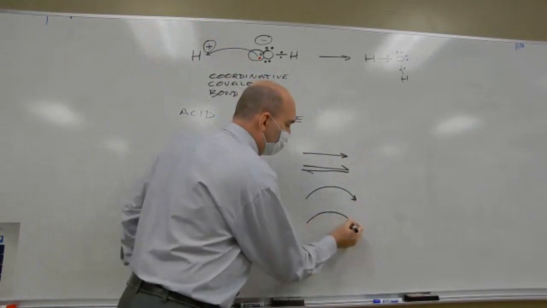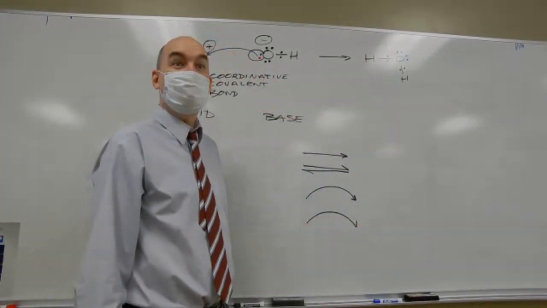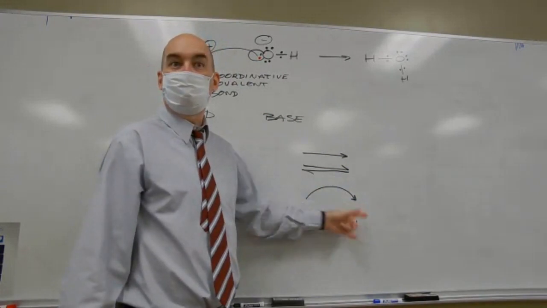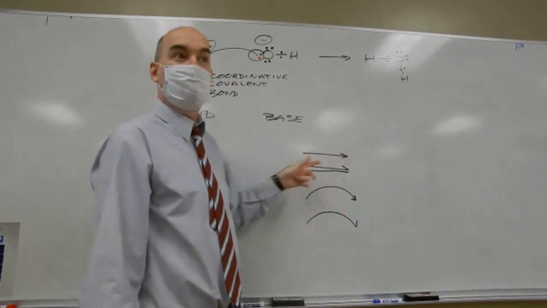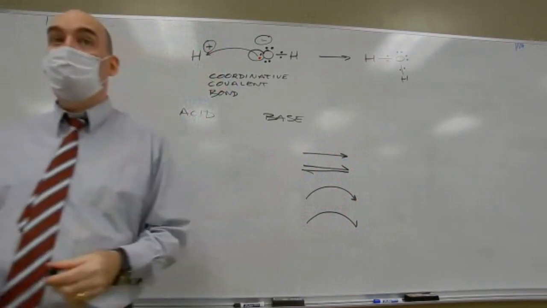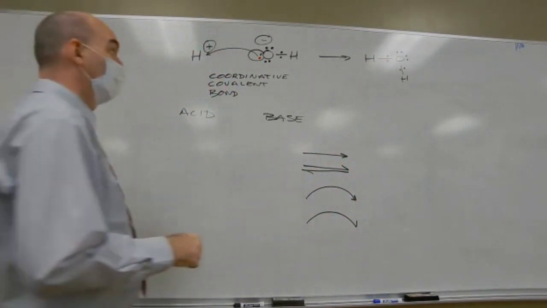Guess what this is? That's motion of one electron. Motion of two electrons, reactant to product, product to reactant. Okay, so you've got to be careful which arrow you use.